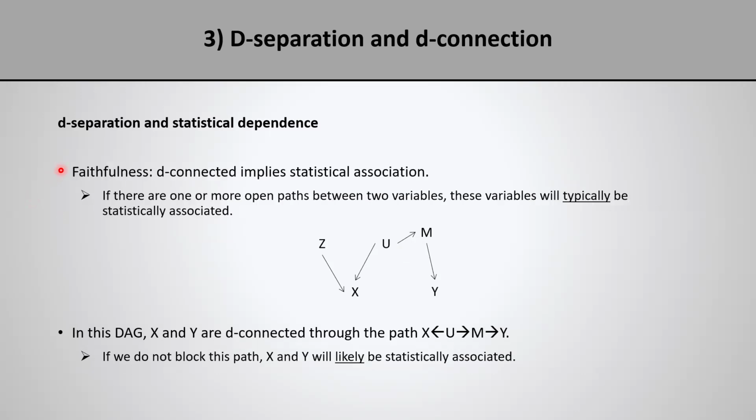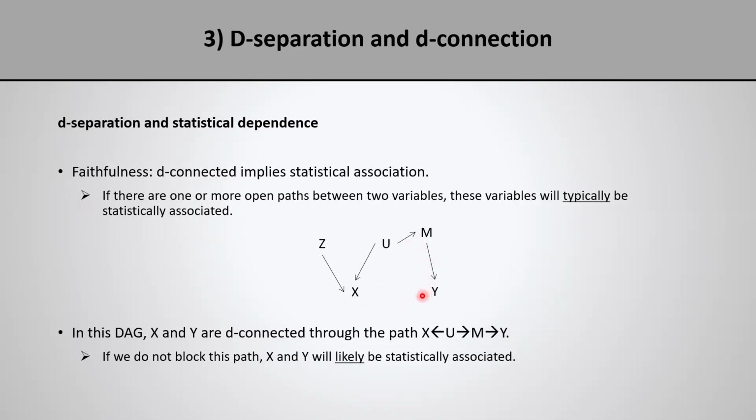And the second rule is faithfulness. And faithfulness says that d-connection implies statistical association. In other words, if there are one or more open paths between two variables, these variables will typically, and I underline this word for a reason, be statistically associated. So here in our example, we have x and y d-connected again through the path x, u, m, and y.